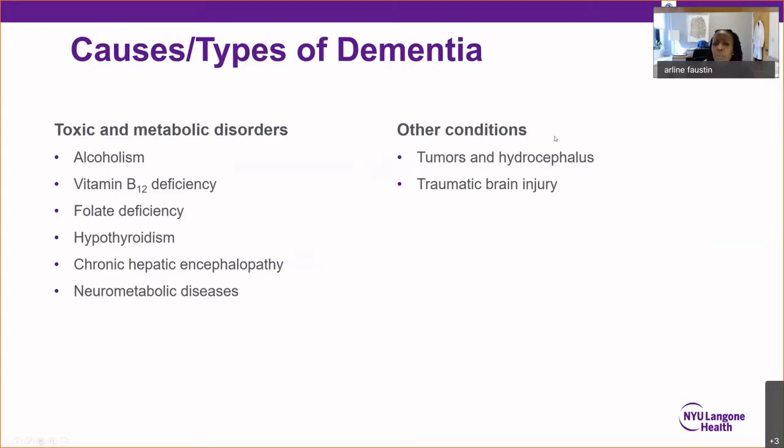Hydrocephalus is when you have too much cerebrospinal fluid in your ventricles. There are people who will suddenly have problems with their memory, trouble with their balance, and also urinary symptoms.